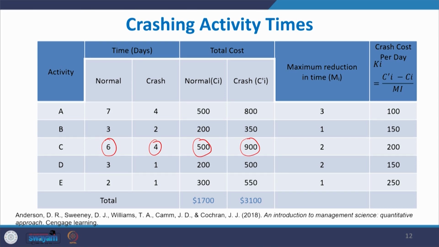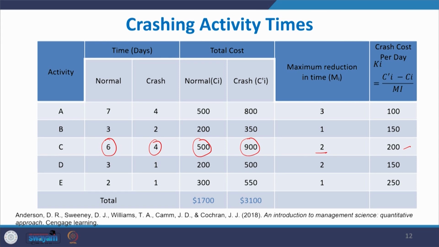So, how many days can we crash? 6 minus 4, 2 days. What is the per day crashing cost? The difference in cost is 900 minus 500, which is 400, and 400 divided by 2 is 200. So, $200 is the per day crashing cost.